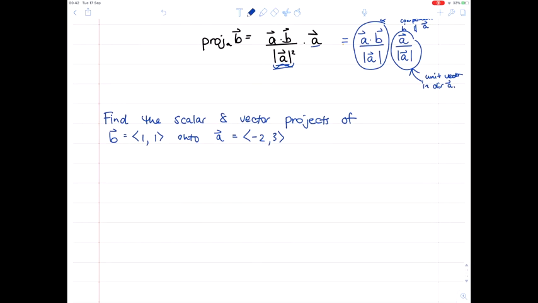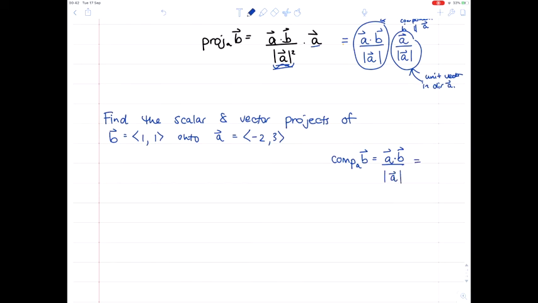So we're going to just do the calculations and then see if we can draw a diagram that's going to help. So we know that the component of B in the direction of A is given by A dot B over the length of A.